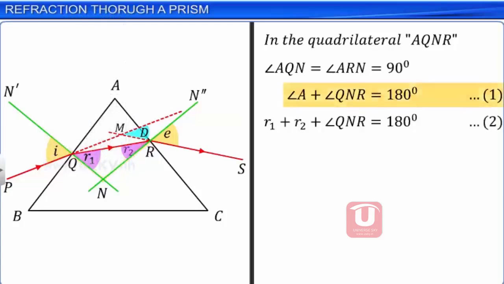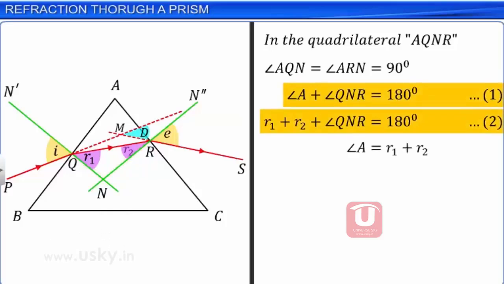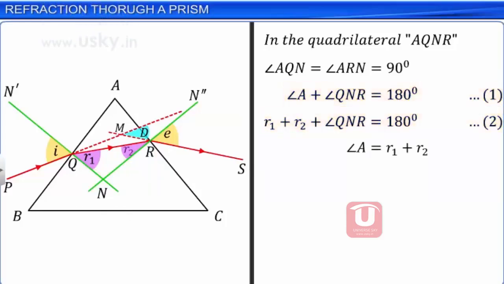In the triangle MQR, angle MQR is equal to i minus r1 and angle MRQ is equal to e minus r2.